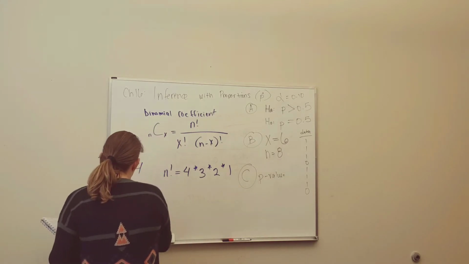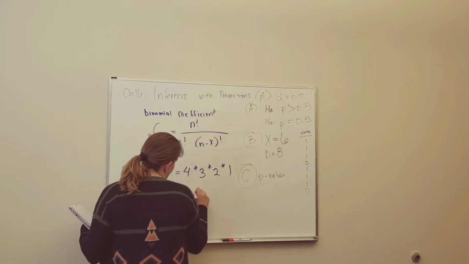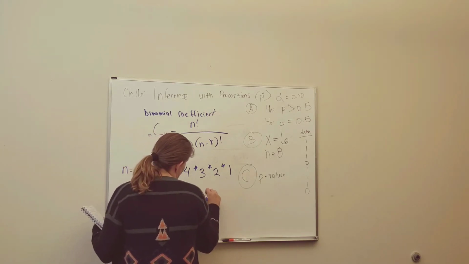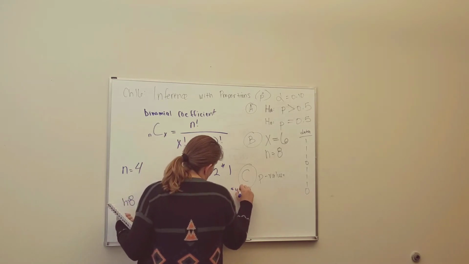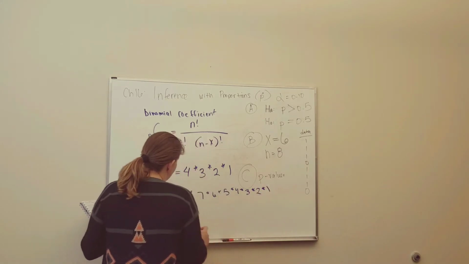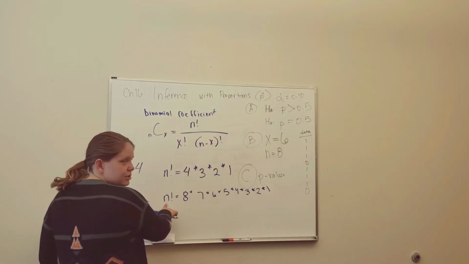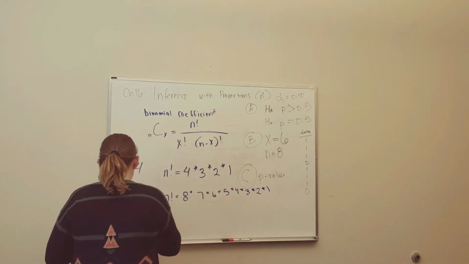So if n equaled 8, it would be a lot more. We'd start with 8 times 7 times 6 times 5 times 4 times 3 times 2 times 1. So n factorial when n equals 8 looks like this.